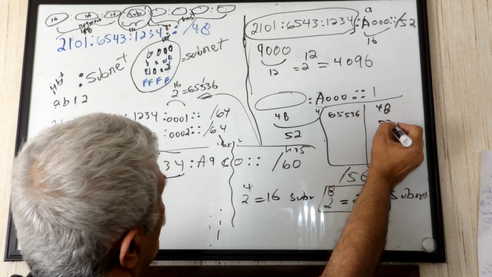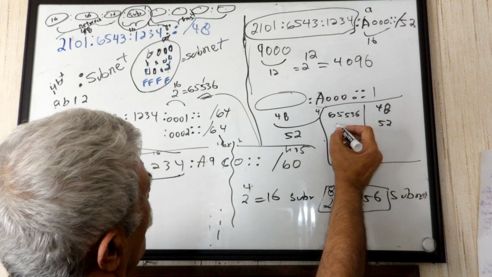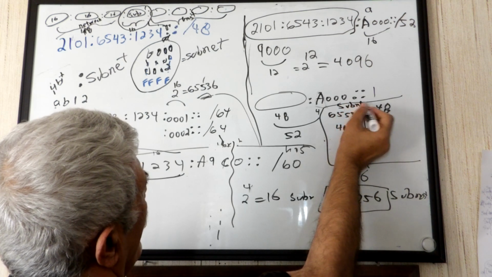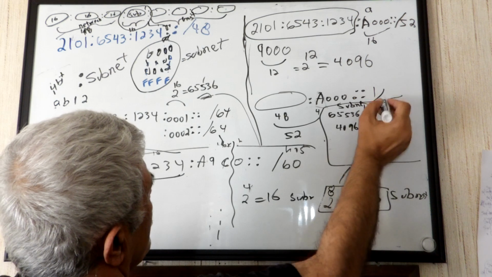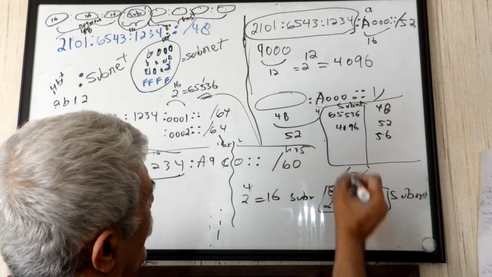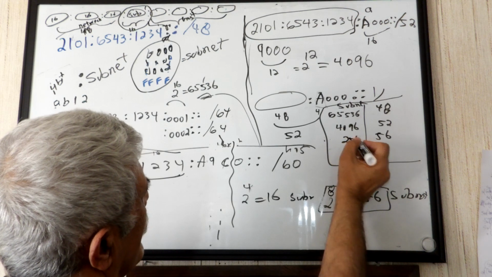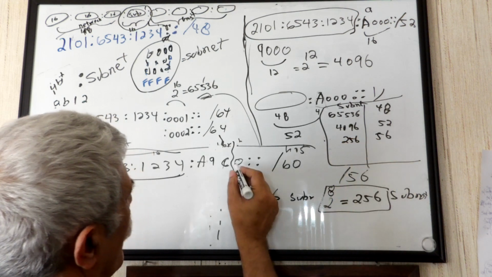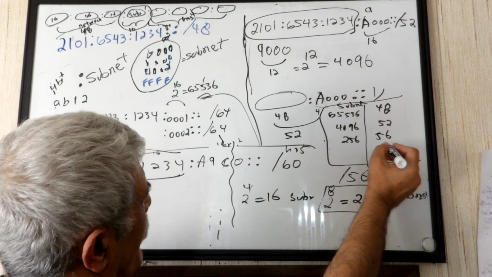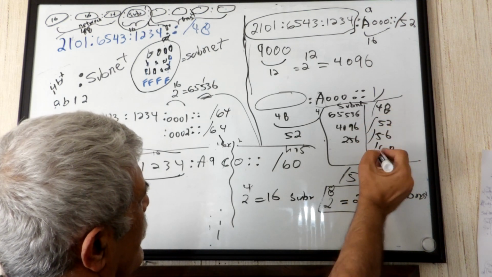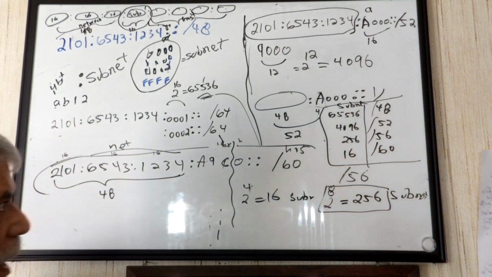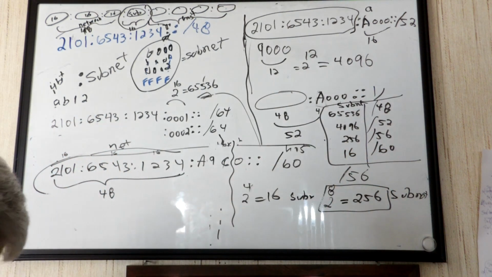For 52, in here we had 4,096 subnets. These are the subnets, and these are slash like 40. And then 56, you're going to have 256. And then when you have only 1 of the 2 to the power of 4, it is going to be 16. So slash 60 is going to be only 16 subnets, because we only have one. Okay, you got the idea.